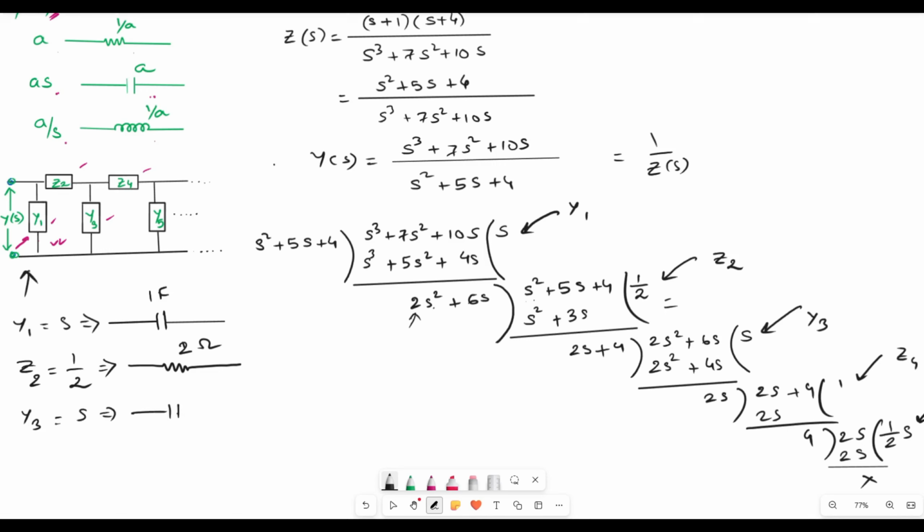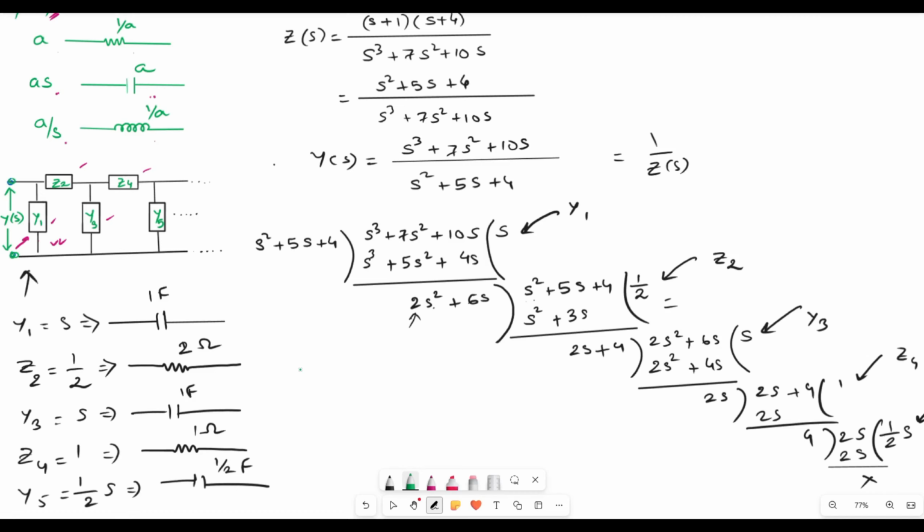So we have repetition of this 1 farad. Then next is z4. For z4, we are having 1. So that means again we have a resistor. 1 by 1 is 1 ohm only. Then for y5, we have half of S, which also gives a capacitor with a value of half farad.